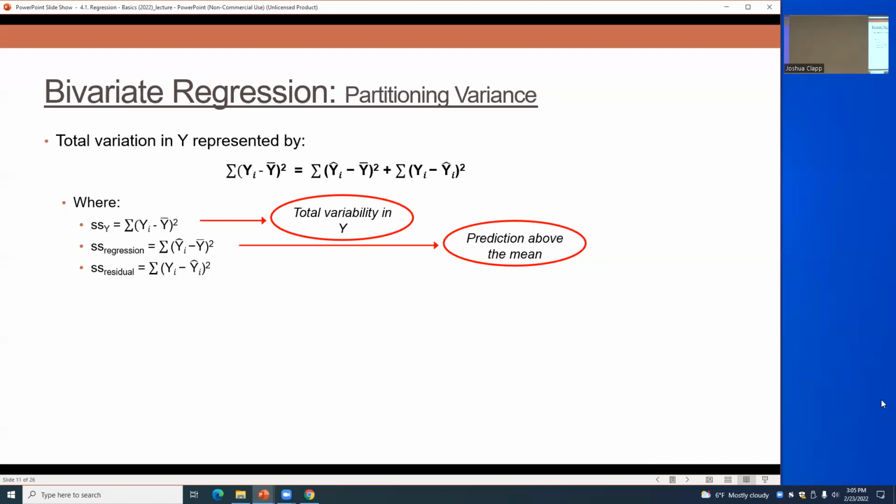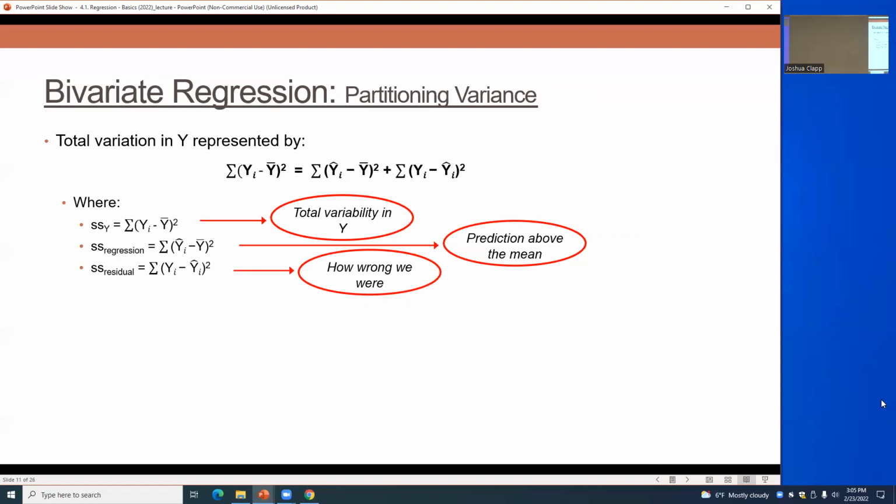If I just guess the mean all the time, this is a value of 0, and so my regression equation has no utility. My sum of squares regression is going to be 0, but hopefully it's not. What we're trying to do is predict values above and beyond the mean. And then the sum of the squared deviations of my observed scores from my predicted scores, this is my residual. This is telling me how wrong I was.